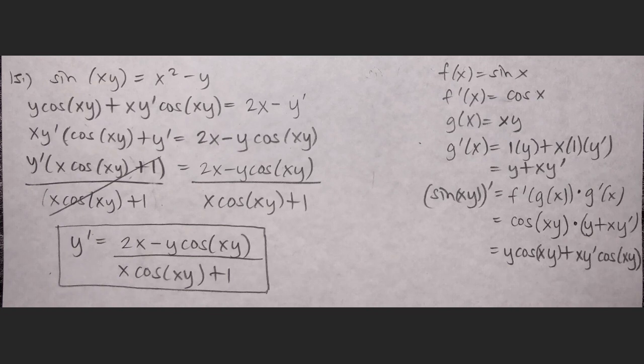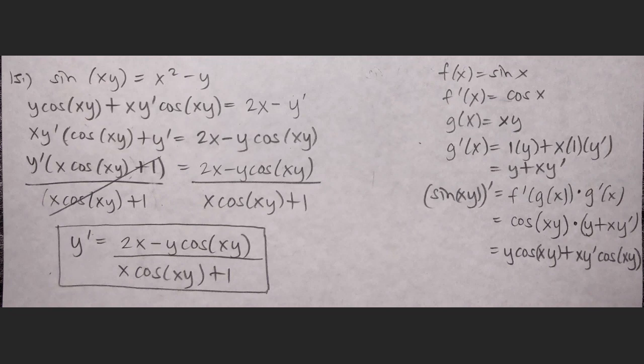Then g of x, the inner function, equals xy, and its derivative equals 1 times y plus x times 1 times y prime, since we have to multiply the derivative of y by y prime. That equals y plus xy prime.